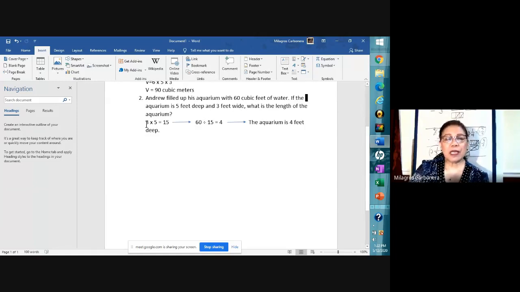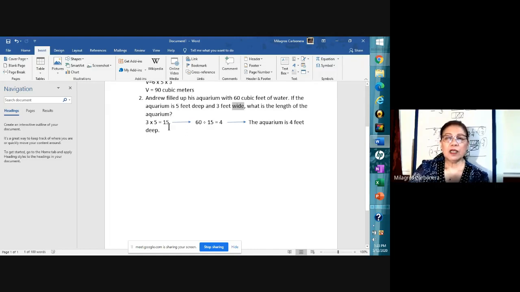So your first step is, if you're given the volume and a dimension, one dimension is missing, the first step is multiply the given dimensions. Like, for example, here, the given dimensions are the height, which is the deep, and the width, which is the wide. So you multiply 5 times 3, that gives you 15.